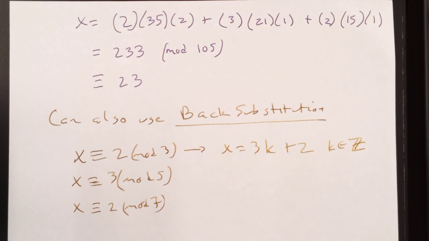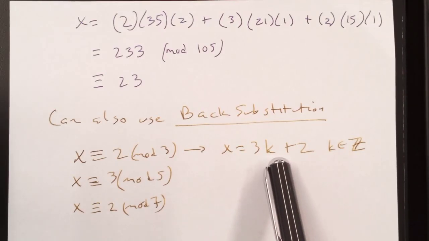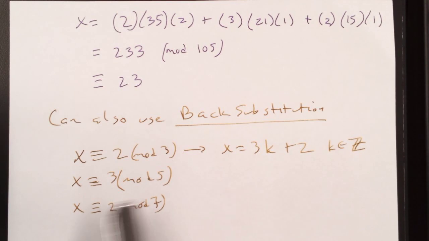Now, a lot of mathematicians before about 800 AD didn't like negative numbers. So the assumption here is all of these numbers are positive. Now I'm going to take this expression and substitute it in here. Here's my back substitution.